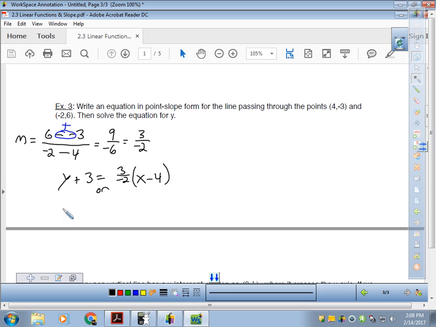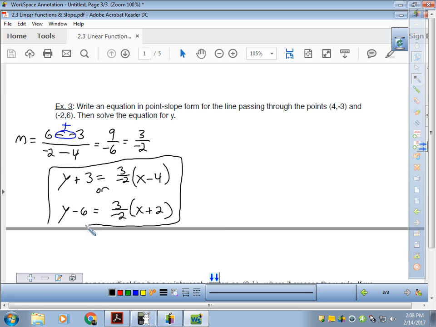Or you can use this point and say y minus 6 equals 3 over negative 2 times x plus 2. Either one of those is okay. And I'm going to prove that either one is okay because when we solve for y, we're going to get the exact same thing, no matter which one we did.